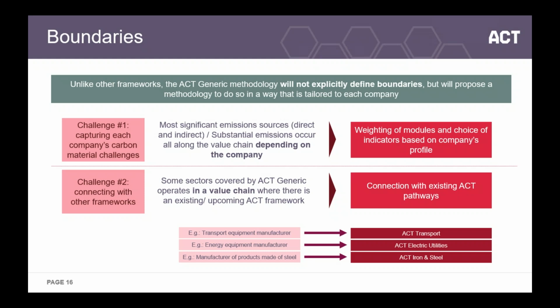So, for example, sometimes we need to give an important weight on the assets of the company if the issue is on direct emission, and sometimes we need to give a high weight on the performance of the sold product if the issue and challenge for the company is related to the product and to indirect emission.